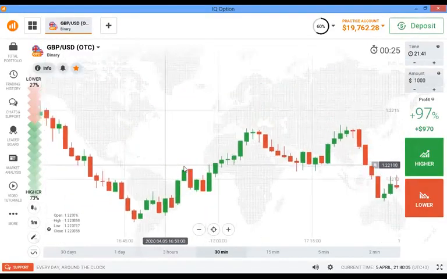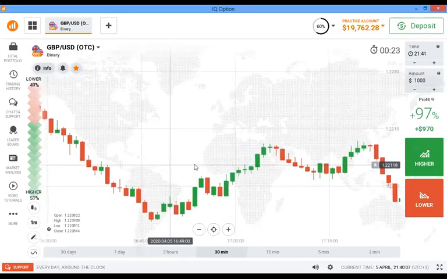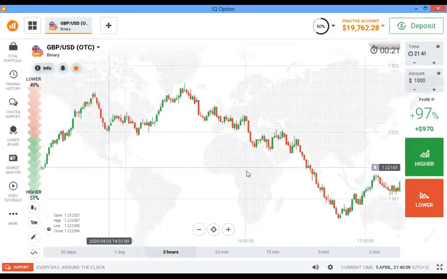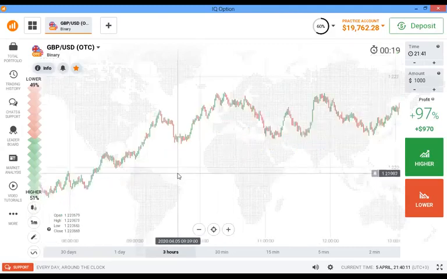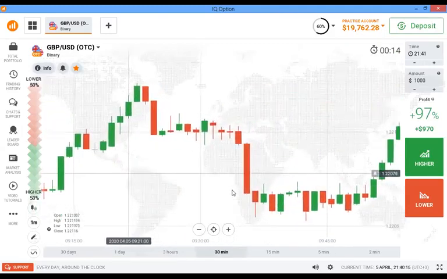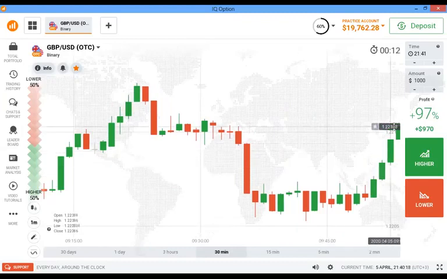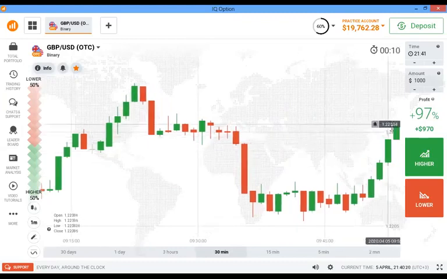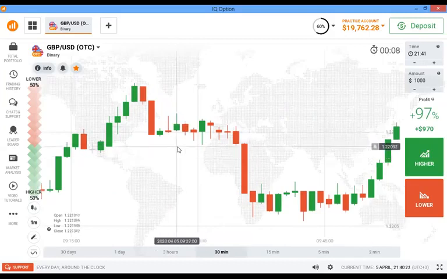Let's say this is A. Let's say this bullish candle is here. I never know what will be the next candle here.